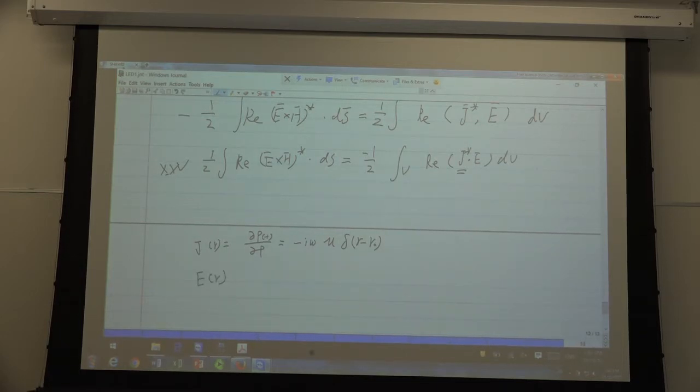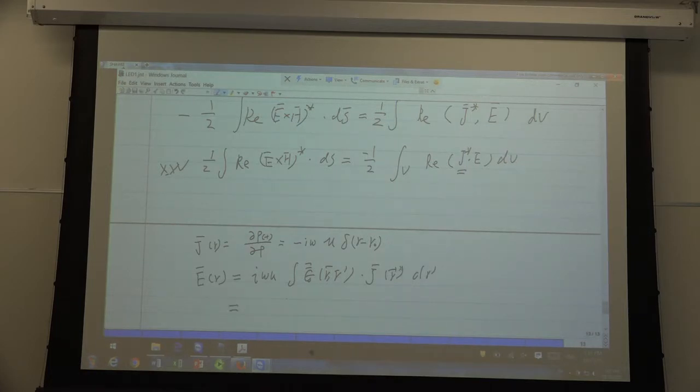You learned E. In free space, E is I omega mu times the Green's function, integral of G(R, R') J(R') dR'.